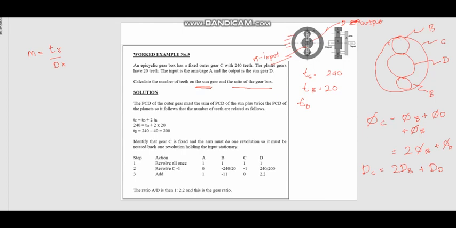So the module for A, module for B is equal to the module for C, equal to the module for D. So I can do this: dx equals Tx over m, based on this.